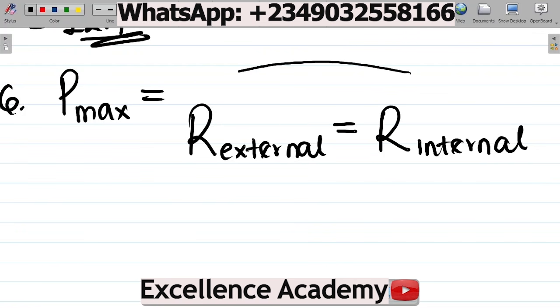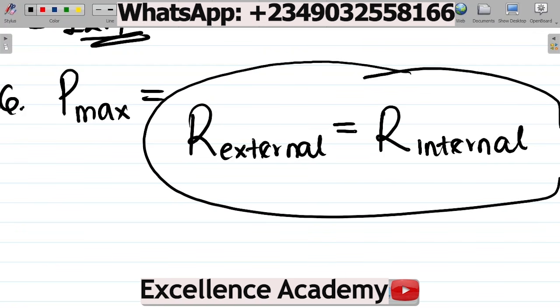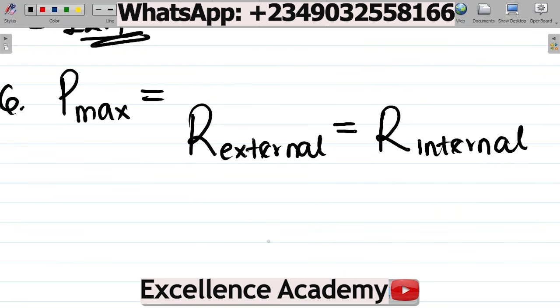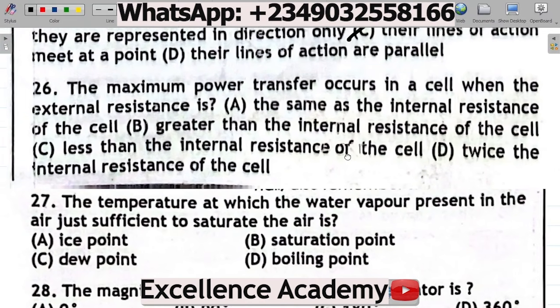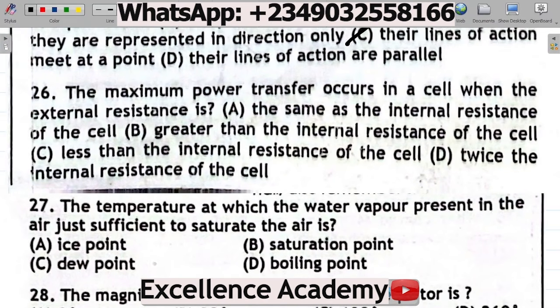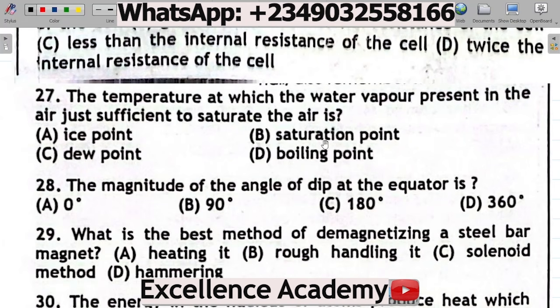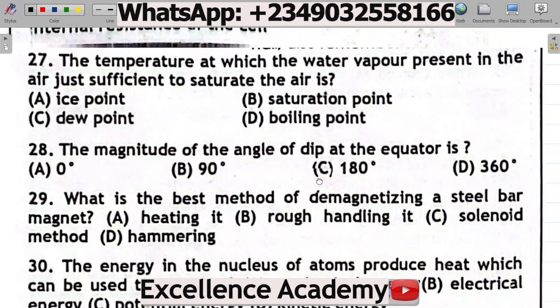So the correct option there is that the external resistance should be equal to the internal resistance. That is the correct answer. Looking at the options, the correct option is A, which says the same as the internal resistance of the cell. Yes, that's correct. They must be the same or they must be equal.